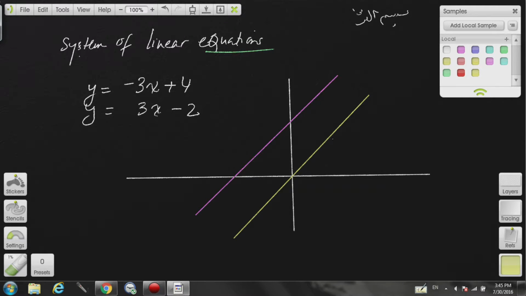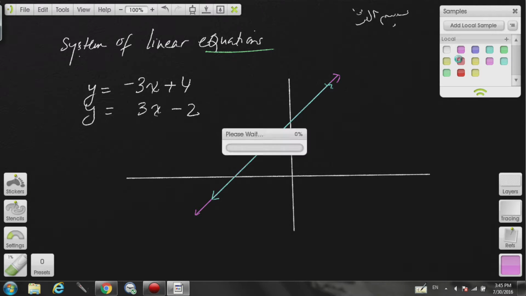Another possibility is that they are not parallel and they intersect each other like that. The third possibility is somebody could just give you the same line just looking different. So it could be just the same line written in a different way. So there are three possibilities.